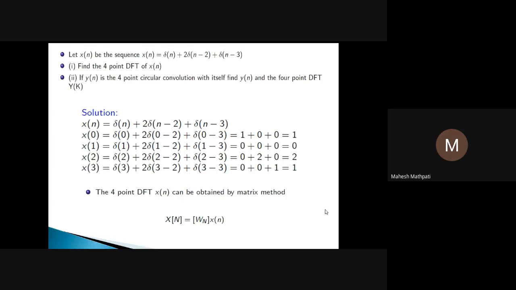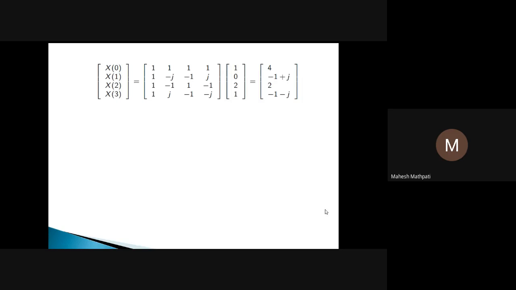Okay, let us check the answer. The 4-point DFT of x of n can be obtained by the matrix method. The formula is X of k equals W_N times x of n. Did you get this answer? Yes, sir. 4, minus 1 plus j, 2, minus 1 minus j.